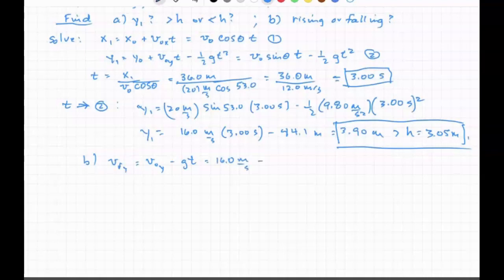And then we subtract off 9.80 meters per second squared times the time, 3.00 seconds. And when we do, we see that the final velocity is minus 13.4 meters per second.